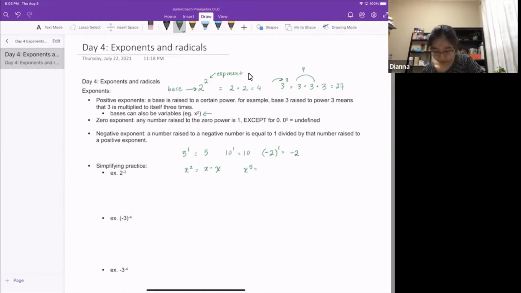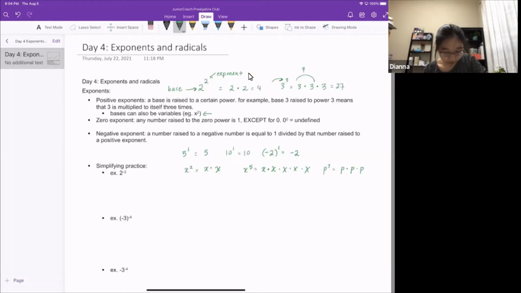So x to the fifth would be x times x times x times x times x, right? You got the idea. So it's x multiplied 5 times. And you can do this with any variable. So p cubed would be p times p times p, and so on and so forth.